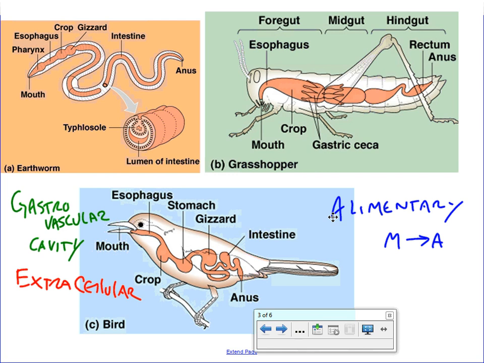Once you start moving into organisms that have complete digestive systems like alimentary canals, things get a little bit more complex, and they have a mouth and an anus, and that would be things all the way from the pseudocoelomates like Nematoda all the way to the very complex chordates like this aves that you see here, this bird.